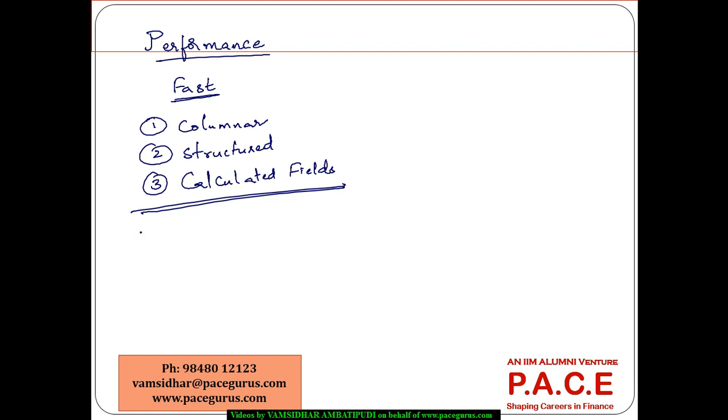But here are a few important things to boost your performance even more. Any unused fields, any columns that you don't want to use at all, hide them so that they are eliminated from usage. Especially the things you don't want to visualize at all, try to hide them.